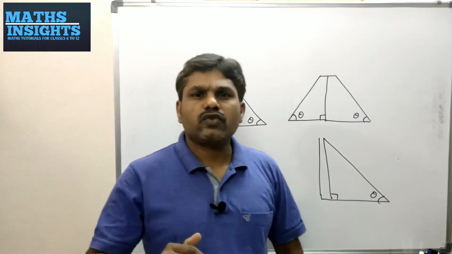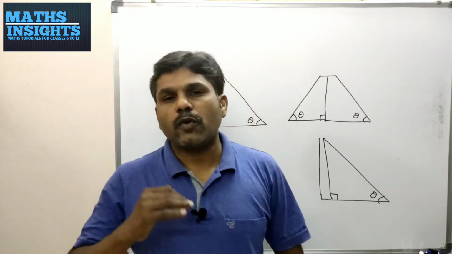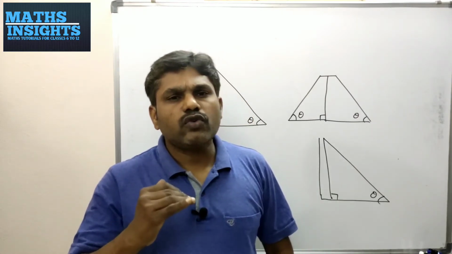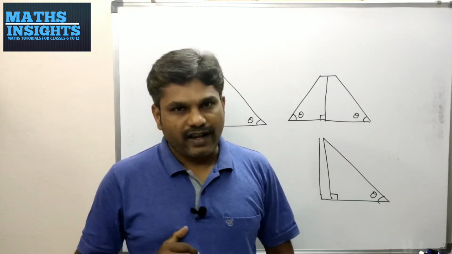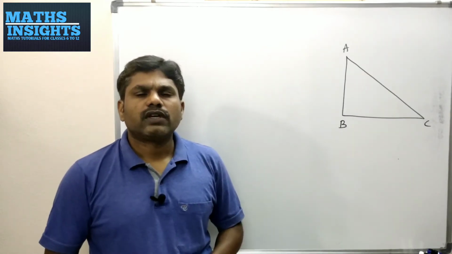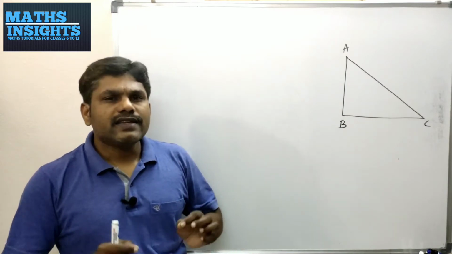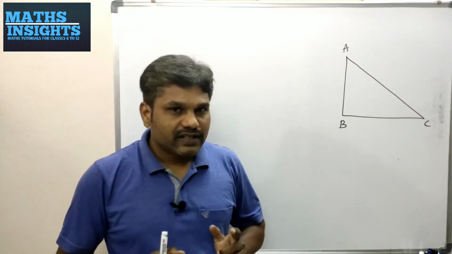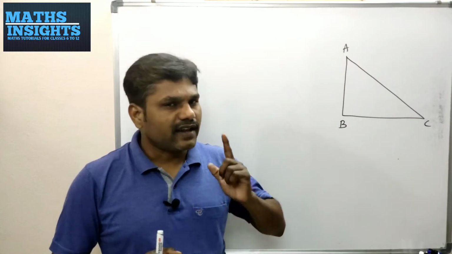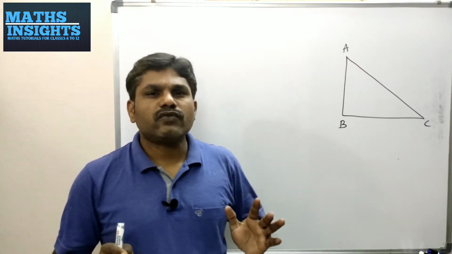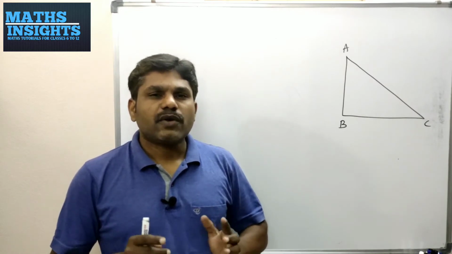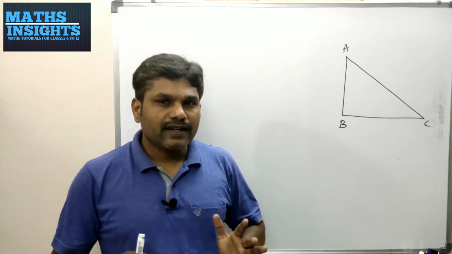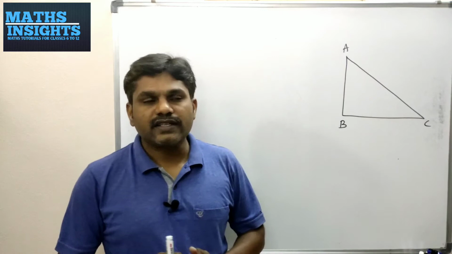First, before going into the definition of trigonometric ratios, we have to understand some terminology in a right angle triangle. All of you know, a right angle triangle is a triangle in which one angle is 90 degrees and the sum of the two remaining angles is 90 degrees. Why? Because the sum of three angles in a triangle must be 180 degrees.